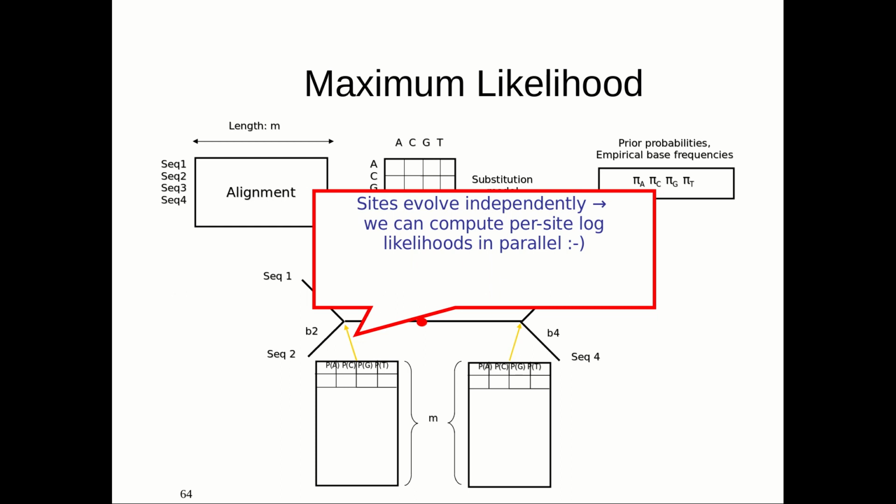So in an ideal world, if I have an alignment with 1,000 sites, I could use 1,000 processors to calculate the likelihood on such an alignment and a given tree. But of course there would be a huge synchronization overhead. But in theory, this is what I could do.